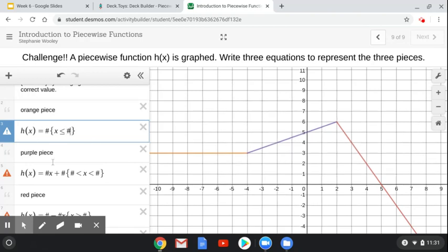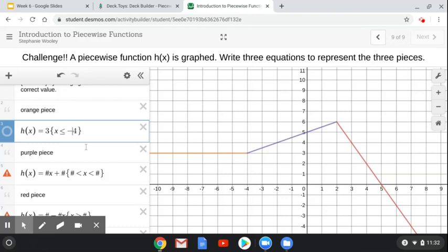It's going to look like this, and it's going to say h of x equals some number over the domain x is less than or equal to 3. I already actually had the answer up. So you can see h of x is equal to the value of 3 for the orange piece. So you would input the value of 3 next to that number or pound symbol, and the domain starts at -4 and goes to the left, so x is less than or equal to -4.